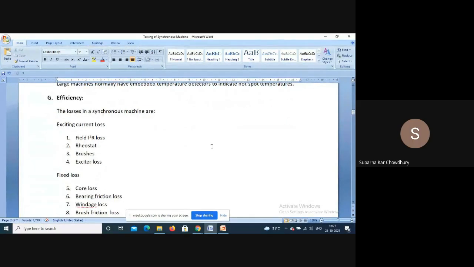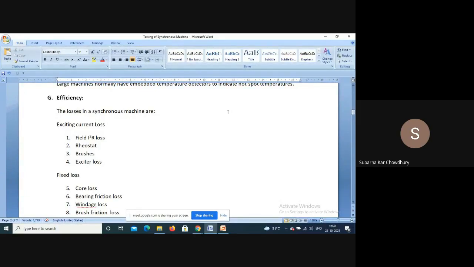Then the next important characteristic of any machine is the efficiency. Now, for the efficiency, we have to separate the losses so that we can calculate. Now, the main losses of a synchronous machine are: first is the exciter loss, what we call, that is the field I square R loss, because when the current is flowing, there will be I square R loss in the field.